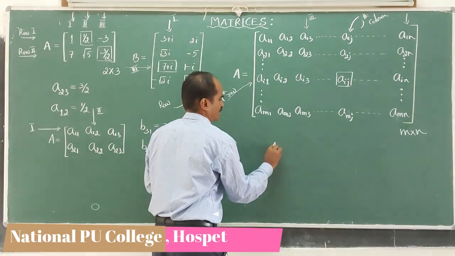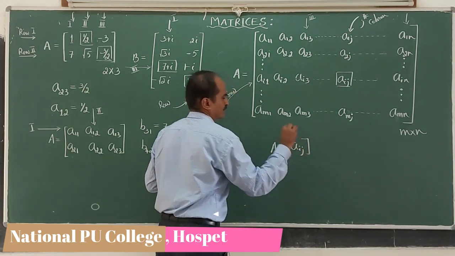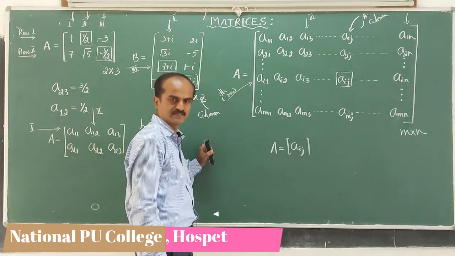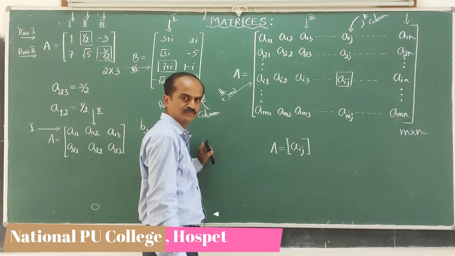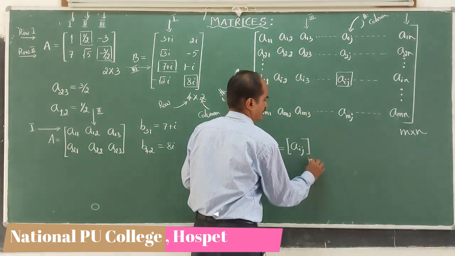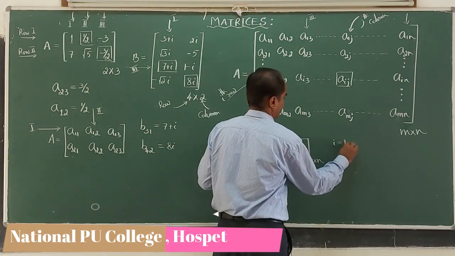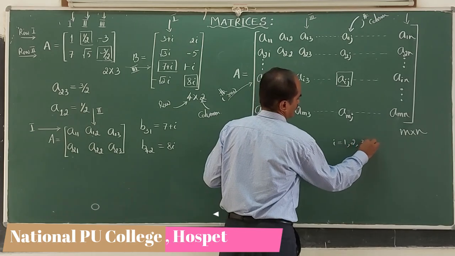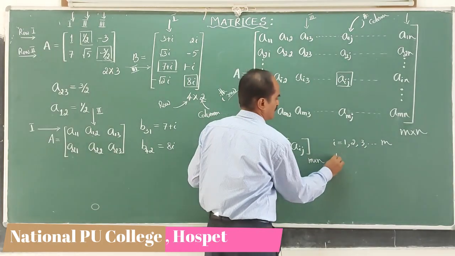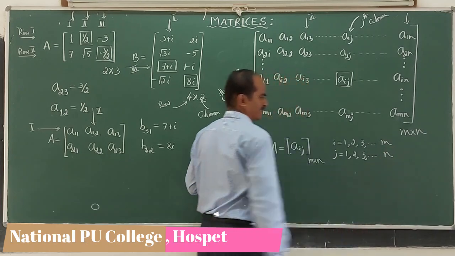Now, this entire matrix is symbolically, in brief, can be written like this. Matrix A equal to matrix whose entries are Aij of order m by n, where i takes the values 1, 2, 3 up to m, and j takes the values 1 to n.